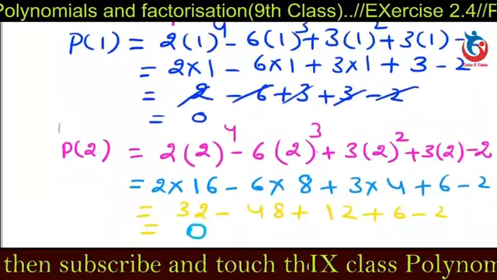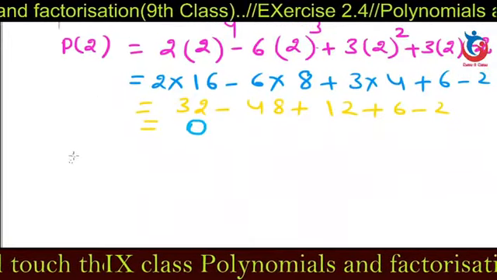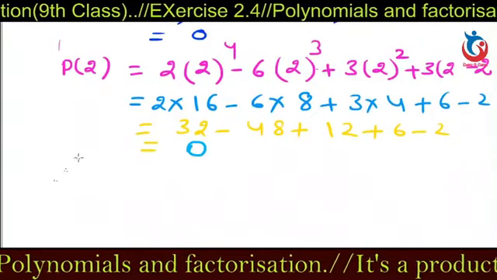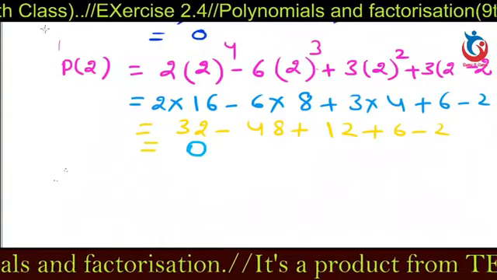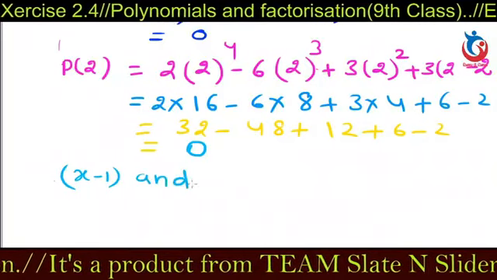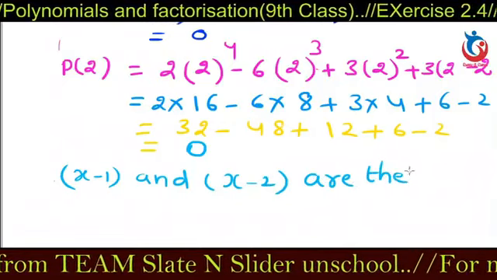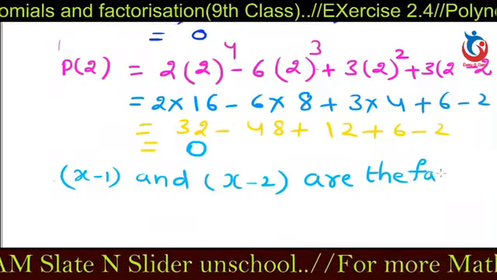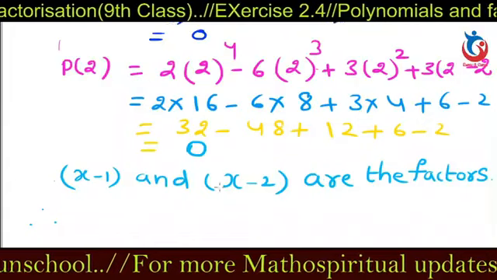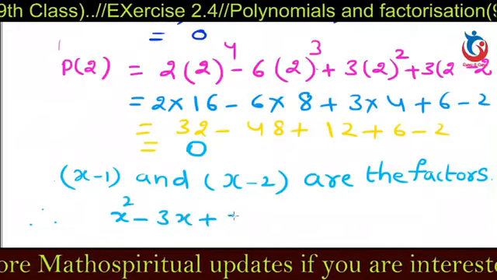So observe this. x minus 1 and x minus 2 are the factors. Therefore, x minus 1 and x minus 2 are actual factors of x square minus 3x plus 2.